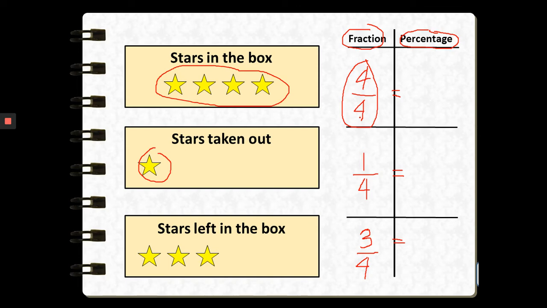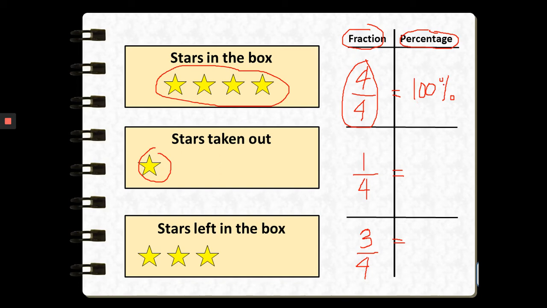If the numerator and denominator are the same, then that means it's 100%. Why is it 100%? Because it's full, it's complete, nothing was lost. You see here, 4 divided by 4 is 1.